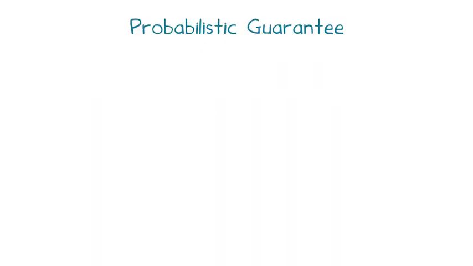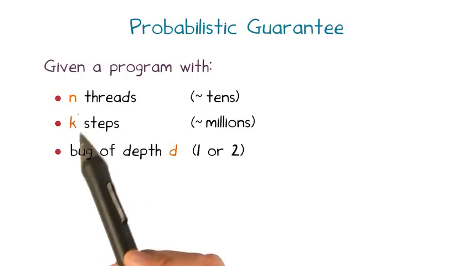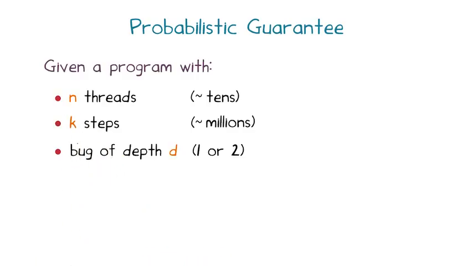We can now state the probabilistic guarantee that Cuz provides on finding concurrency bugs through its simple approach of fuzzing thread schedules. Suppose there is a concurrency bug of depth d in a program with n threads and taking k steps. Typically, n will be on the order of tens and k will be on the order of millions, while d will be a small number like 1 or 2.